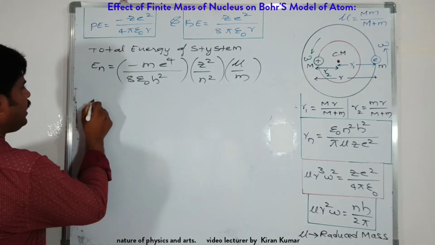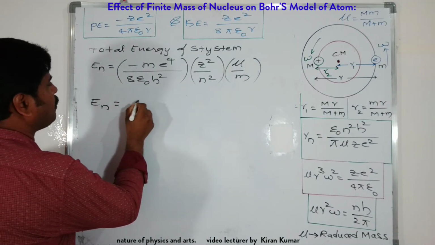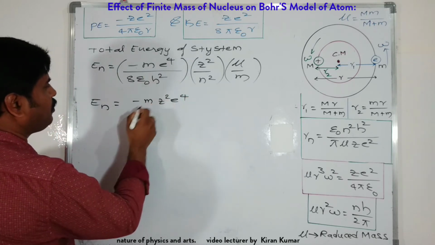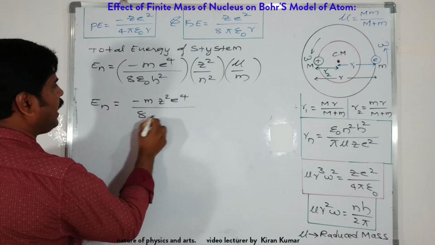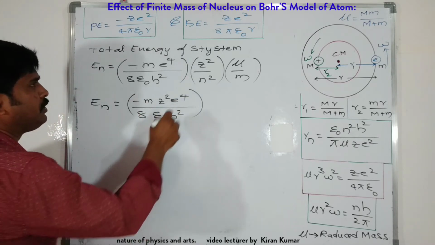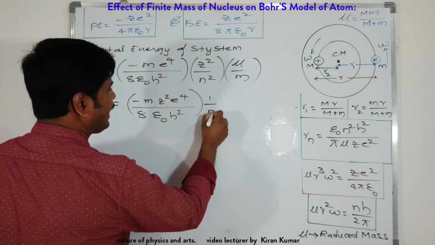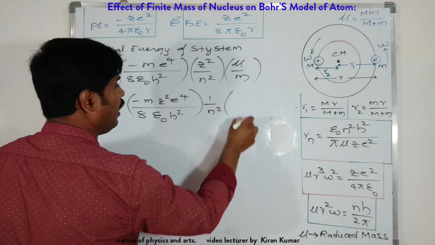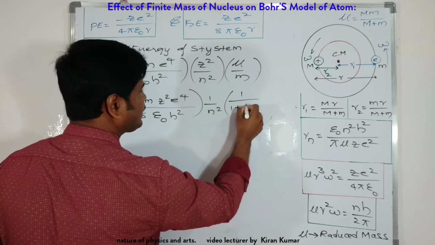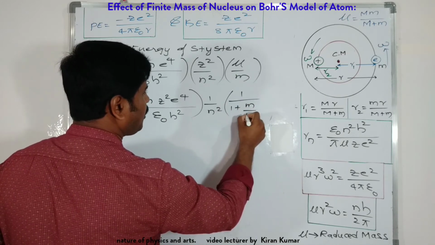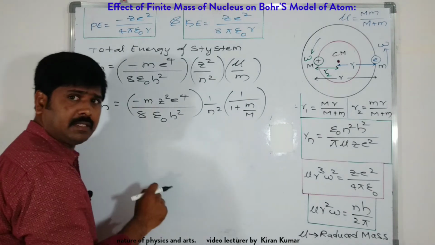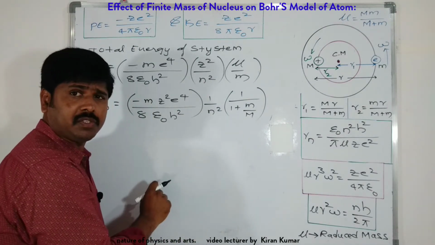Now here En is equal to minus m Z square e to the power of 4 divided by 8 epsilon naught h square into 1 by n square into, with the mu value replaced, 1 plus small m divided by capital M. Already we did this in the previous equation.